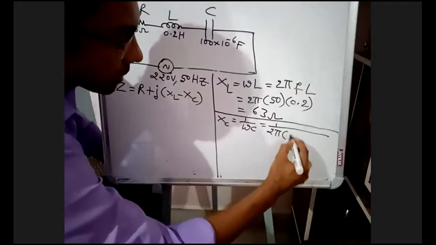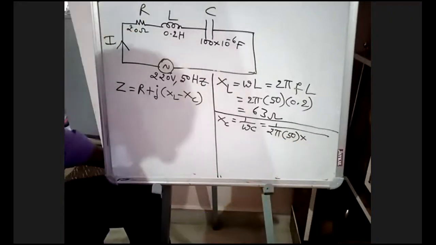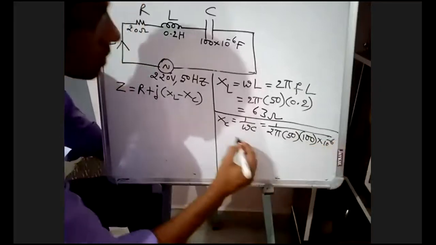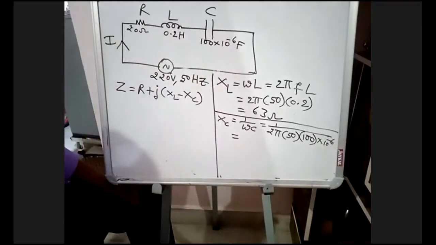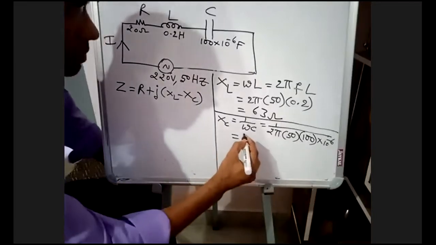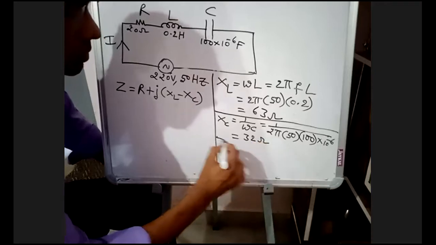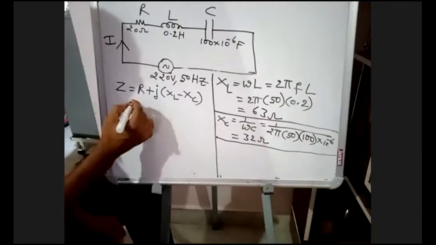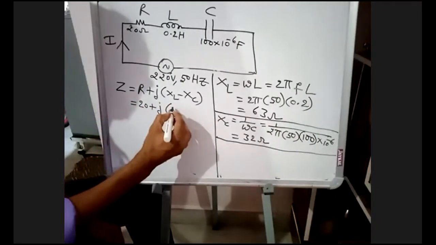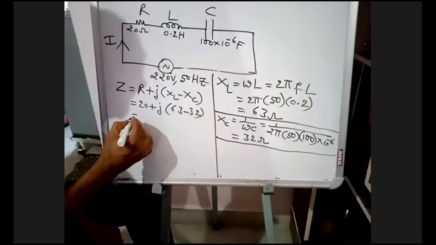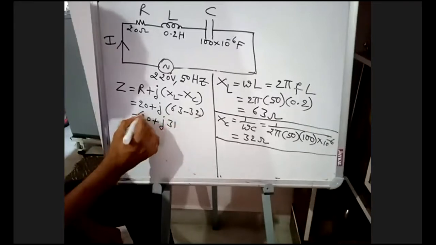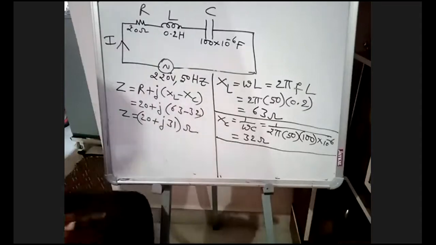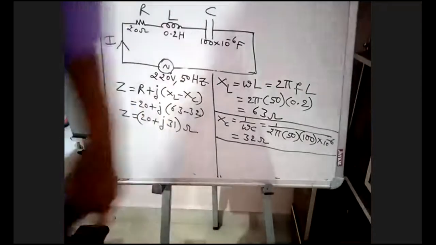XC is 1 by 2 pi into frequency 50 into capacitance 100 into 10 power minus 6. You will get 32 ohms. Write down.